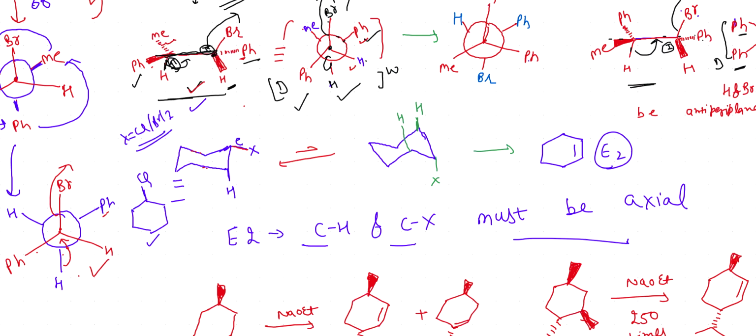You can see now X is at this position. This is carbon number 1, this is 2. Now this is carbon number 1 and this is carbon number 2. We have just inverted the ring. So just check how many adjacent carbons have hydrogens parallel to this halogen group. 1 and 2.